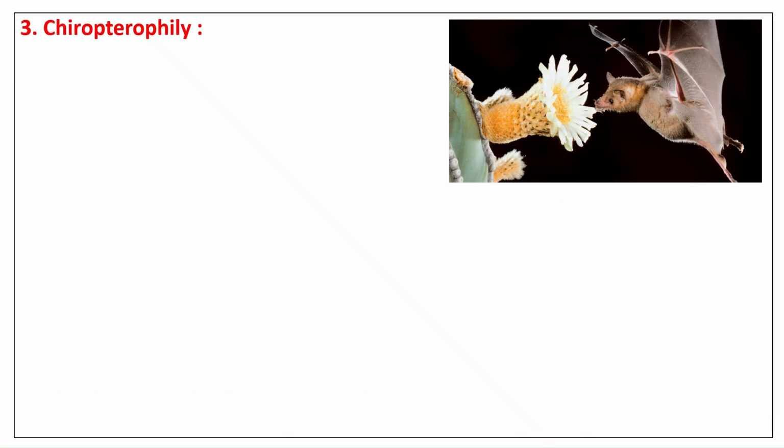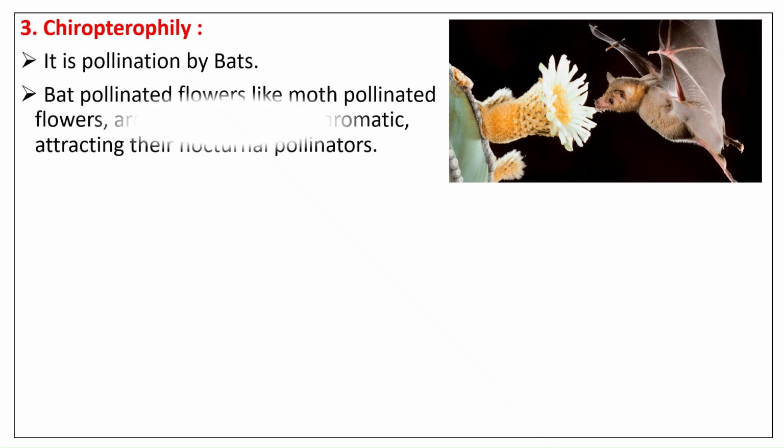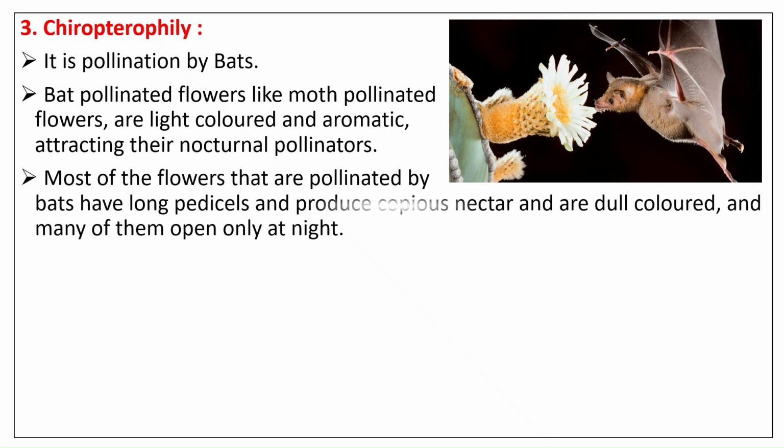Next, 3. Chiropterophily. The pollination occurs by bats. Bat-pollinated flowers, like moth-pollinated flowers, are light-colored and aromatic, attracting their nocturnal pollinators. Most of the flowers that are pollinated by bats have long pedicels and produce copious nectar and are dull-colored, and many of them open only at night.